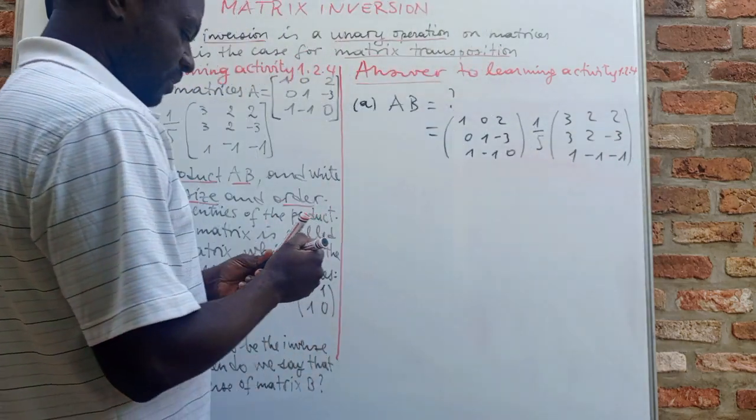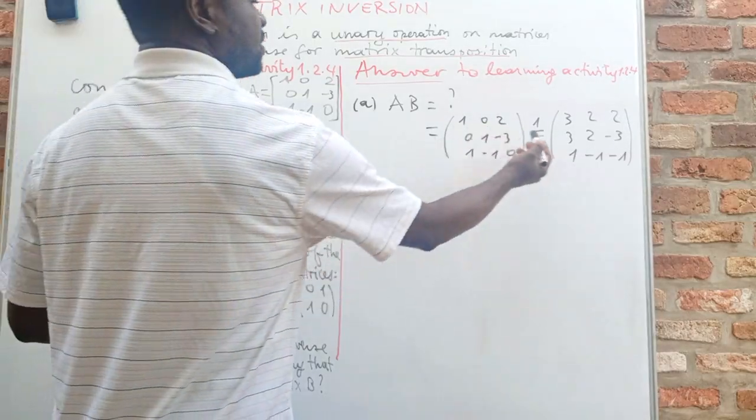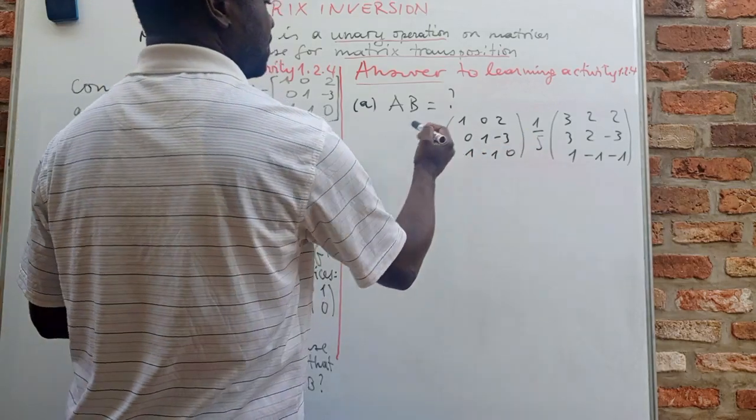Because this is a scalar, it can just be in front.